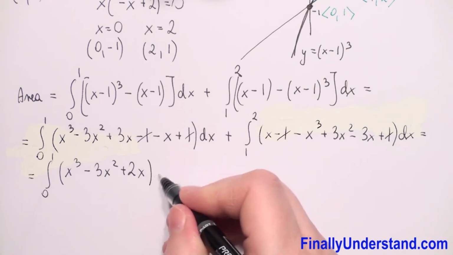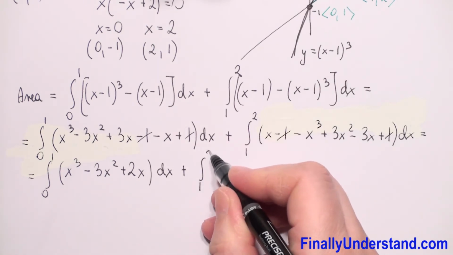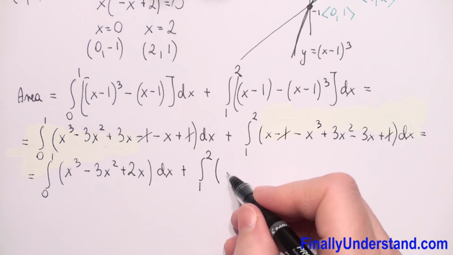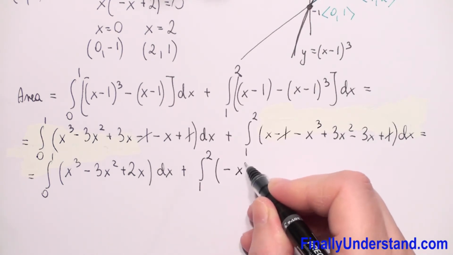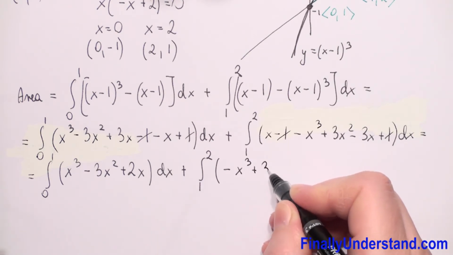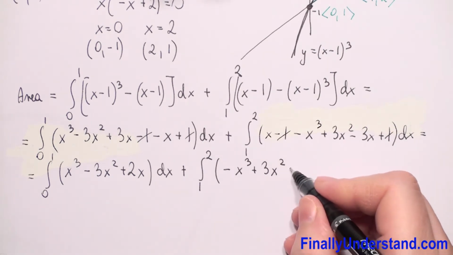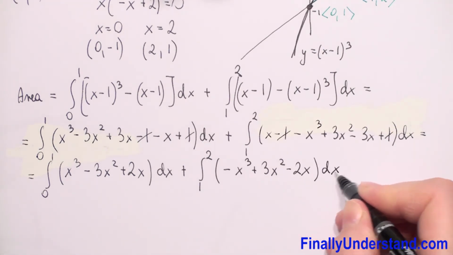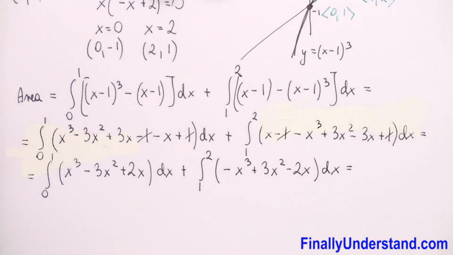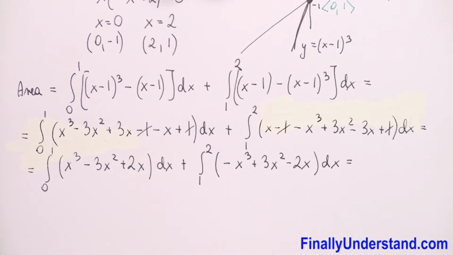And we have dx plus the integral from 1 to 2 of negative x cubed plus 3x squared, negative 3x plus x, so it will be negative 2x dx. This is equal. Now we have to solve the first integral and next plug in the integration limits.